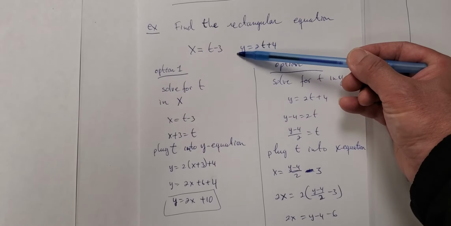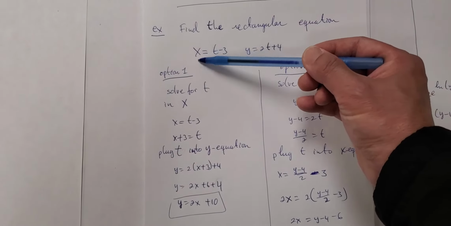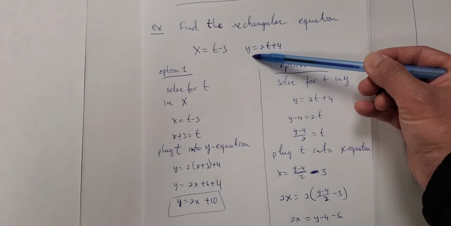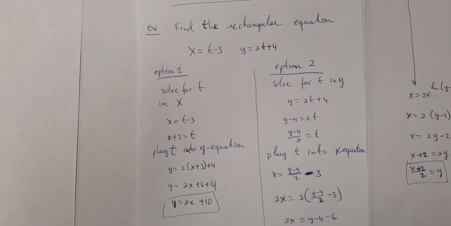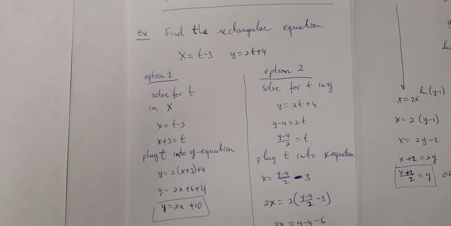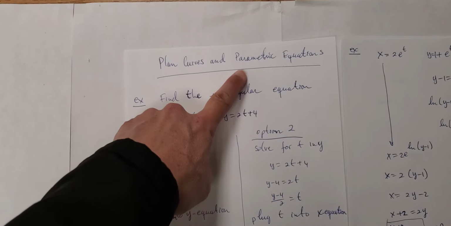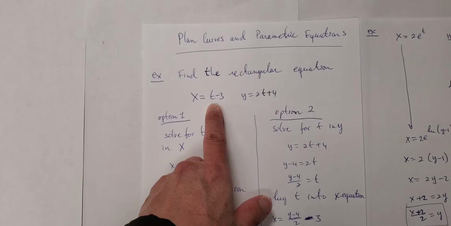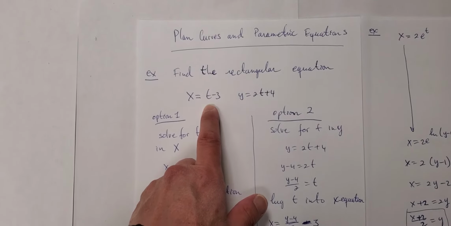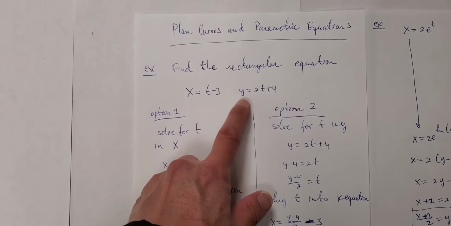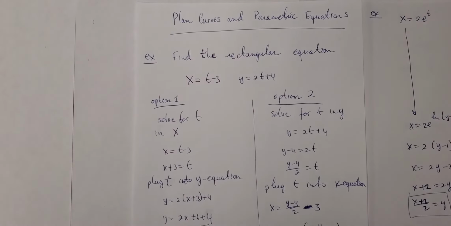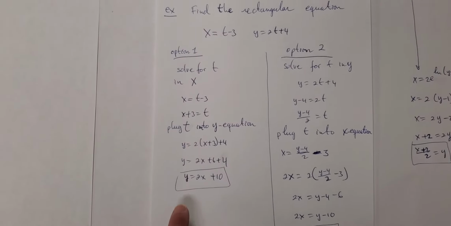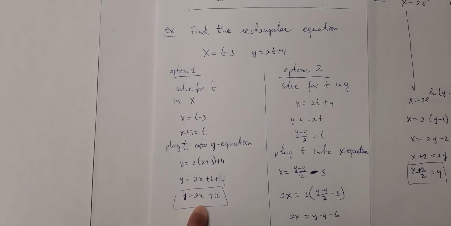Based on time. At time 0, where will x be? At time 0, where will y be? Okay, so that's what parametric equation is. One more time. Parametric equations, the first objective is based on time. Everything is based on time. The second objective is convert these two equations into a single equation.